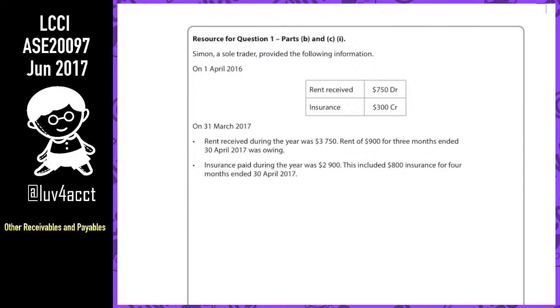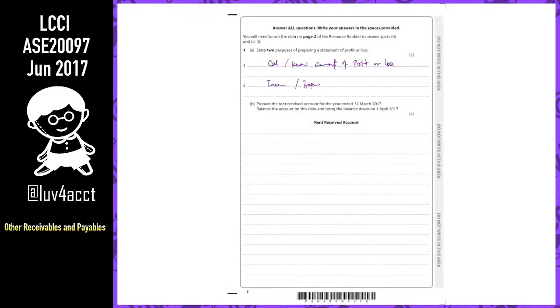So we have opening balance for rent received and insurance. This is an income and then an expenses respectively. And then at the end of the year, we know something about the rent and also for insurance. Let me put the balance first. 750 debit and then 300 credit for insurance.